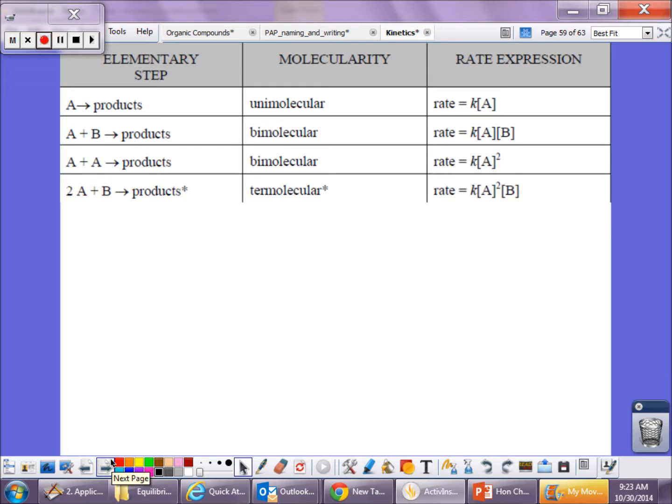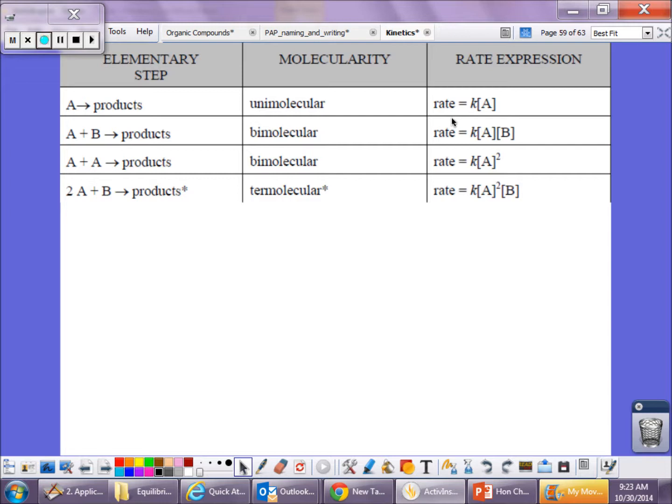This is a table that shows you exactly how to write the rate law for an elementary step. If you have only one molecule or one element, we said it is unimolecular, and then this is the rate law. For a balanced chemical equation, we told you the coefficients do not tell you the order of the reactant because the order is determined by experiment.